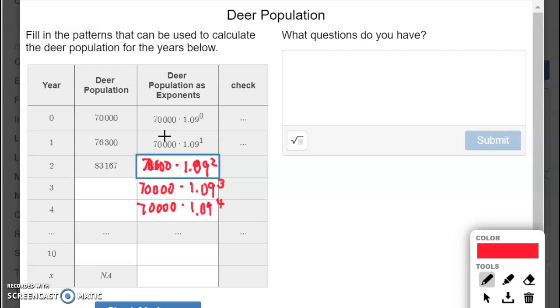Depending on the year, I'm going to raise that 1.09 to a power. So that becomes 70,000 multiplied by 1.09, and the year has the variable of x. So this is going to be the equation to represent the population for any given year x.